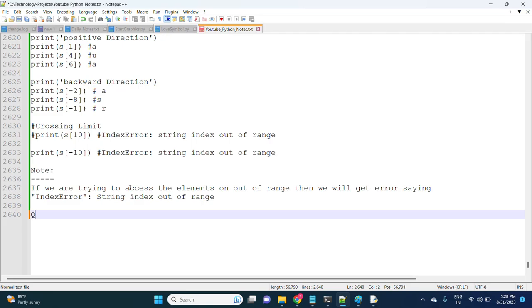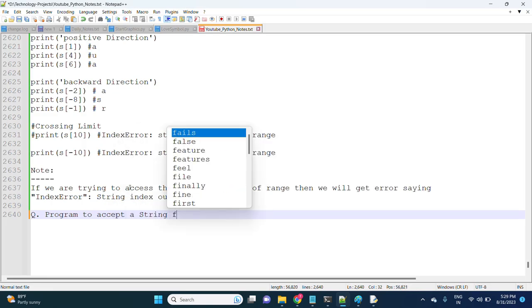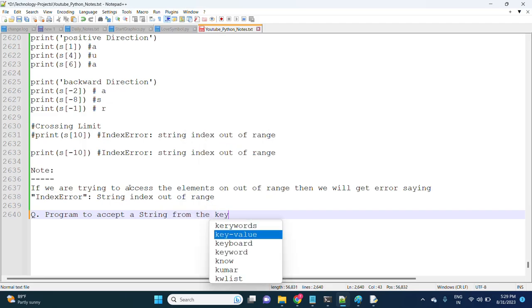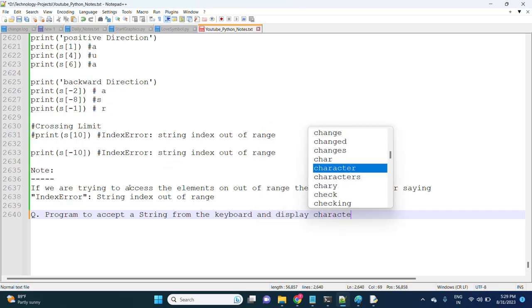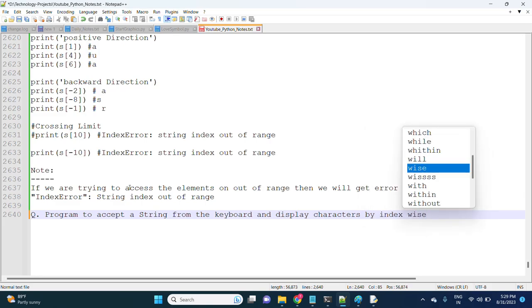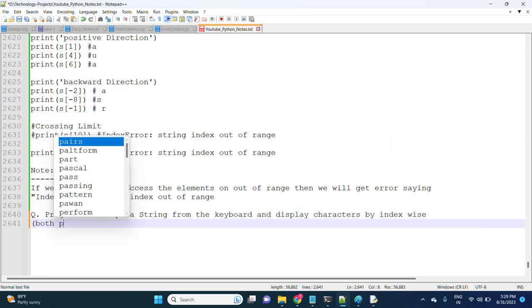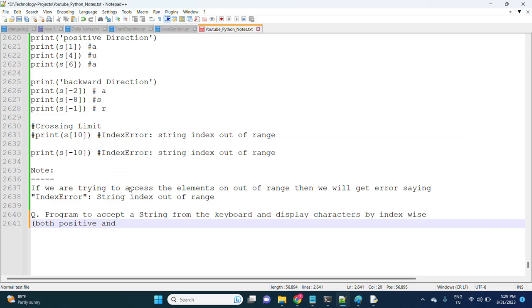Observe the requirement: program to accept a string from the keyboard and display characters index-wise, both positive and negative.